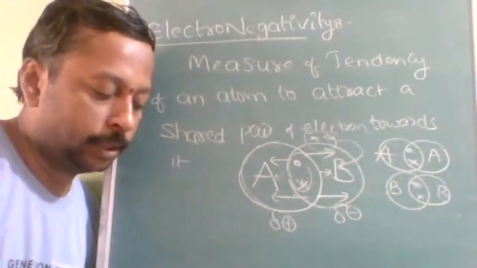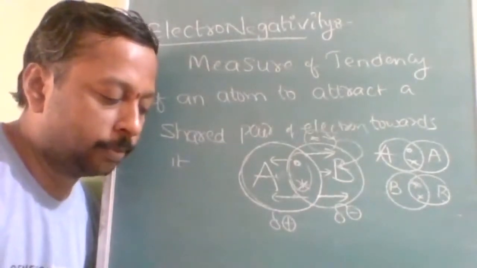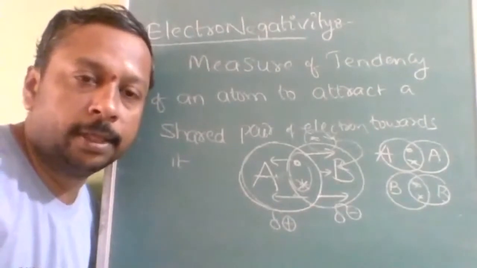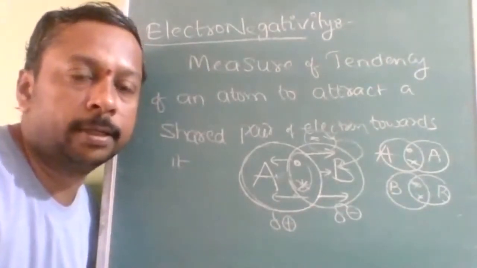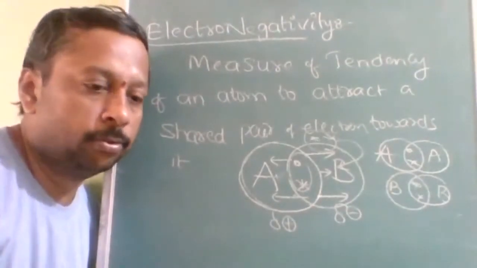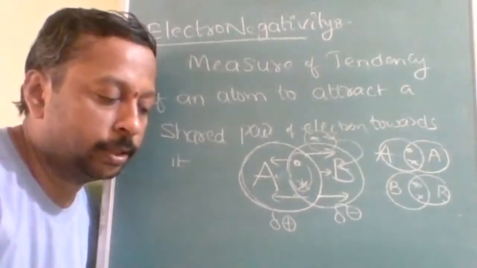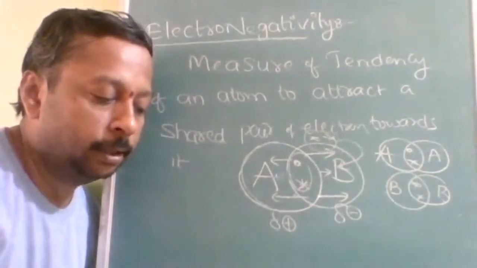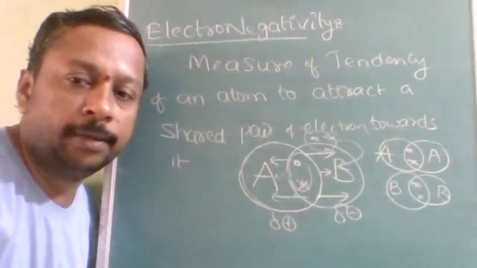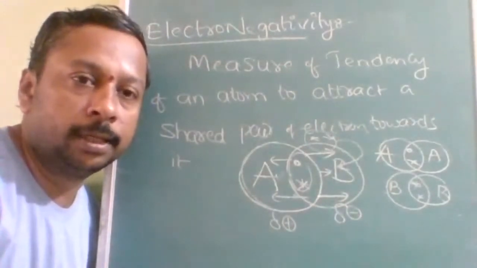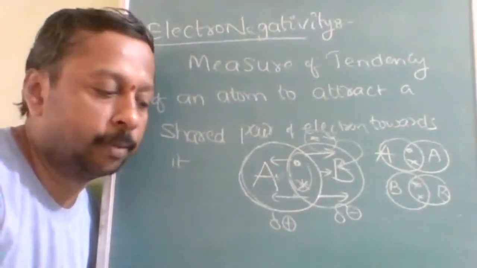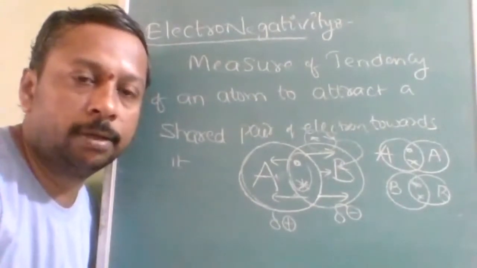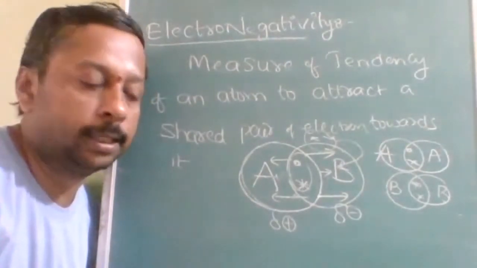There are three different and most important scales, but even they use different parameters. Somebody is using bond energy, somebody is using electron affinity, somebody is using one element as a reference. So their approach itself is different towards the measurement of electronegativity.